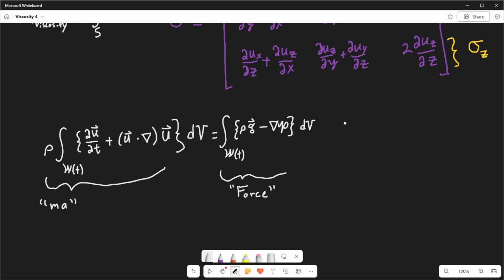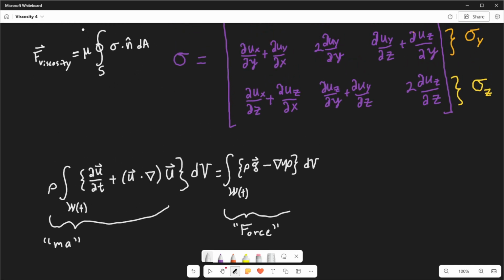So in order to convert the Euler equation into the Navier Stokes, all that needs to be done is to add the force of viscosity to the force side of the equation. These are the other forces, so it just adds in the force of viscosity, which is this: plus the surface integral, which is actually dependent on time.